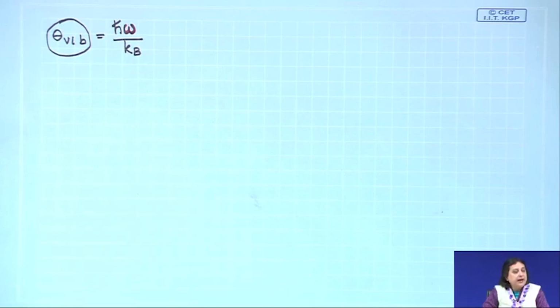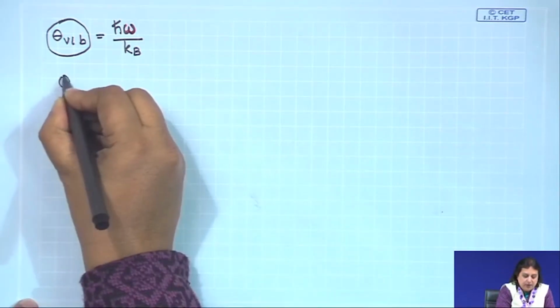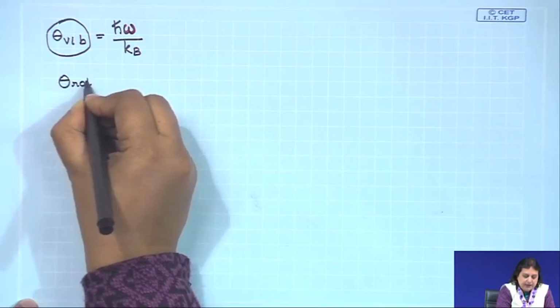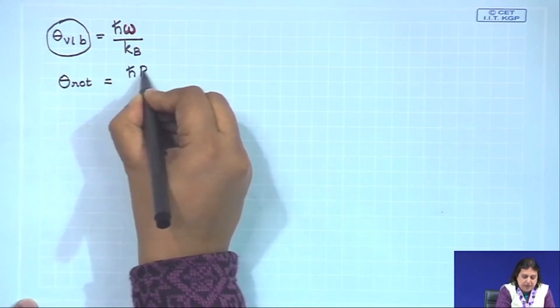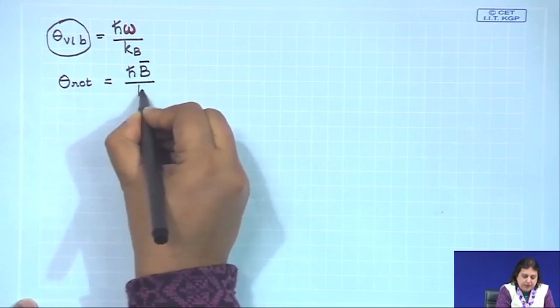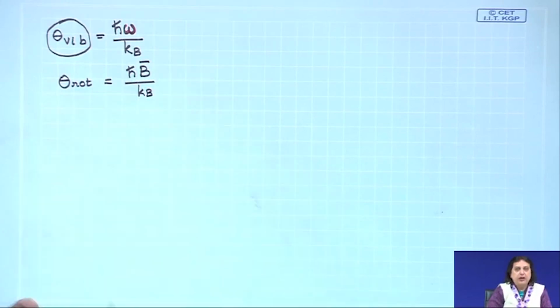The additional property that we paid a lot of attention to is the rotational single particle partition function, and here theta rot is given by h cross B bar by kB, where B bar is the rotational constant that can be found out from the rotational spectrum of the molecule under consideration.